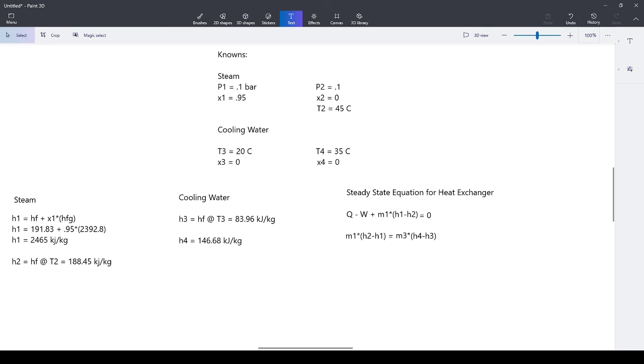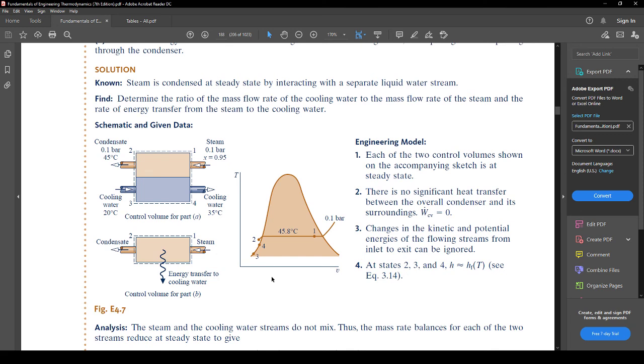Now, one of the questions in there was to find the ratio of masses, right? That was the main thing, to find the ratio of the mass flow rates. Which way did they ask it? Let me see. Determine the ratio of mass flow rate of the cooling water to the mass flow rate of the steam. So cooling water to steam.